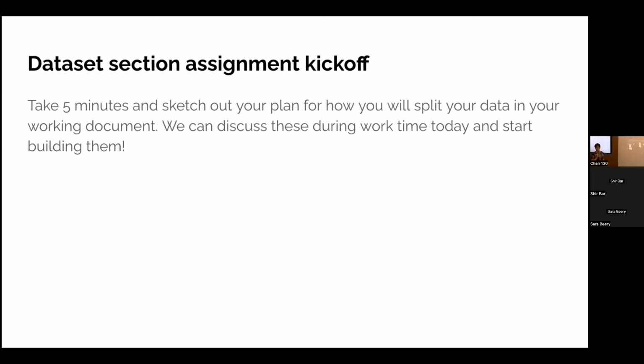So we've actually only got about 5 minutes, so this is something that you'll probably just do during work time today. Did this lecture make you think any differently about how you're going to split up your prototype data set? If not, and you've thought about all this already, one thing I like to do is think about, given the data you have, what are the reasonable claims that you can make about performance?